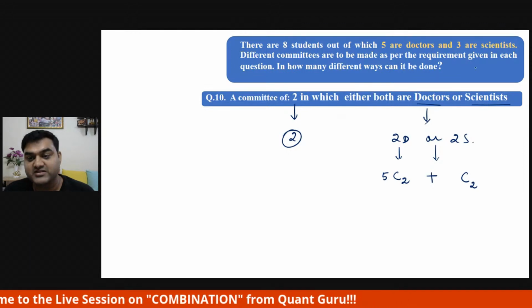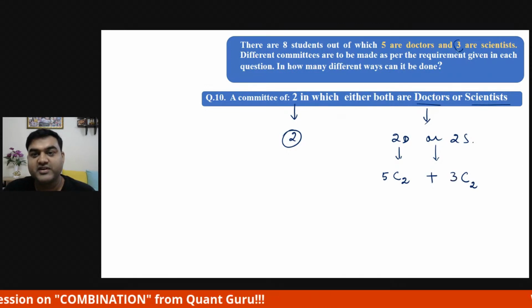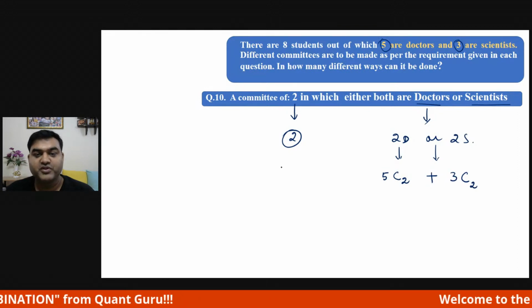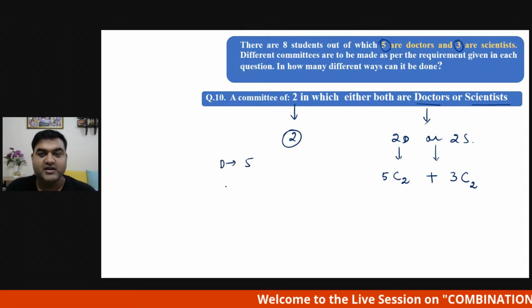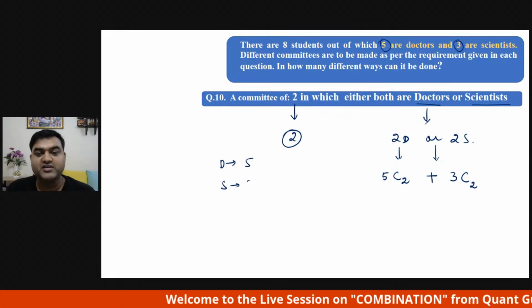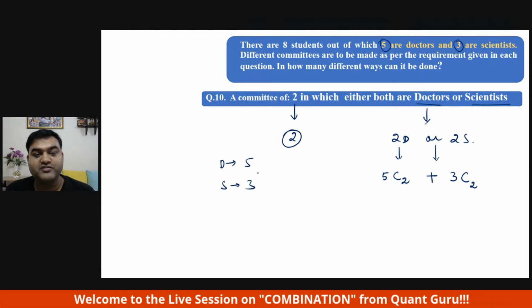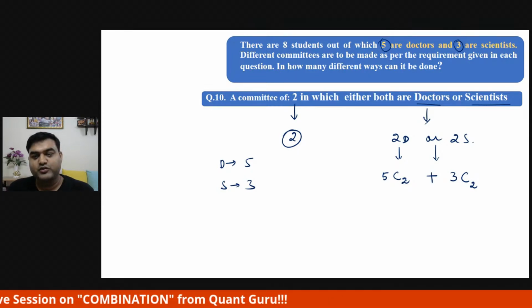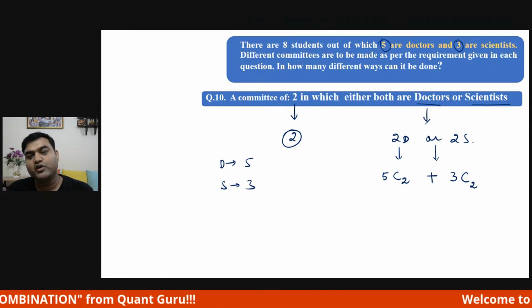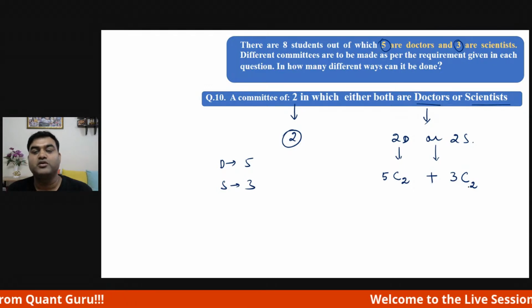There are 3 scientists. Out of 3 scientists, and here 5 doctors, correct? Total doctors are 5 and total number of scientists are 3. Let's reduce it. 5C2 is already reduced, and this can be reduced as 3C1 also.